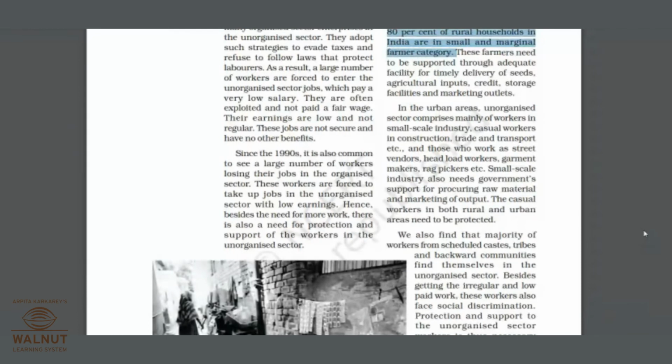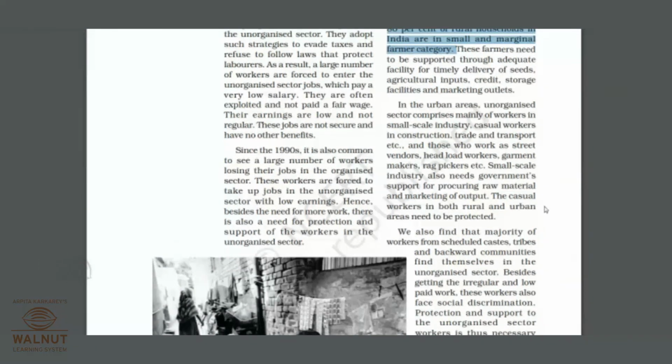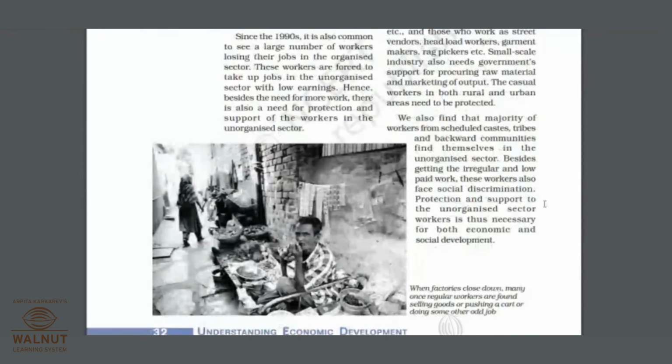So is it only that the rural people are exploited? It's not the case. Even in urban areas, the mentioned people are also facing the same problem as the rural people working in the rural unorganized sector.